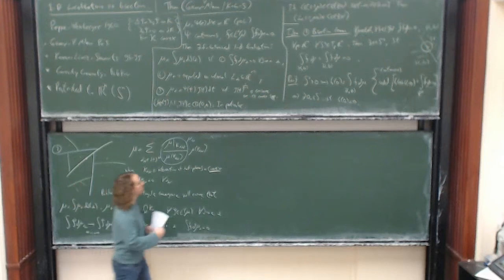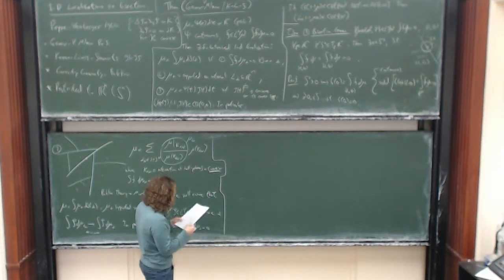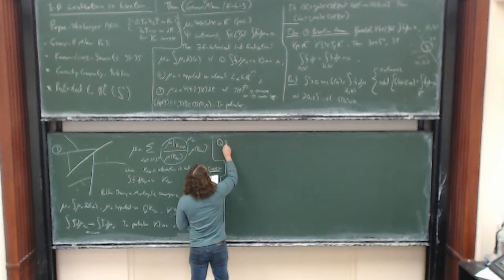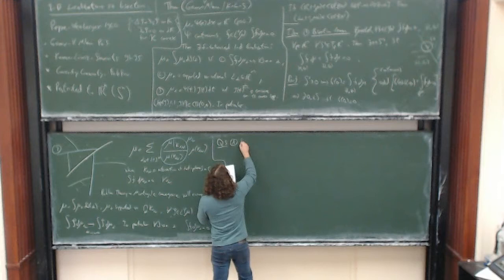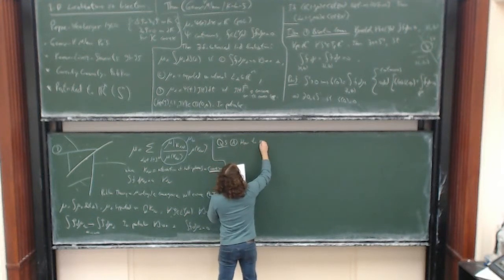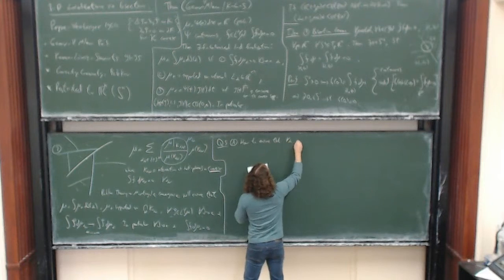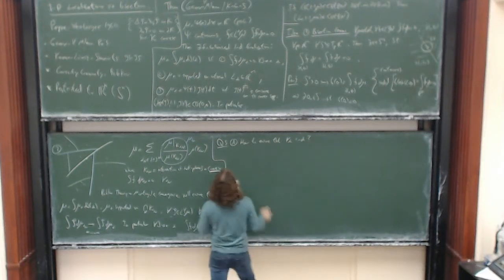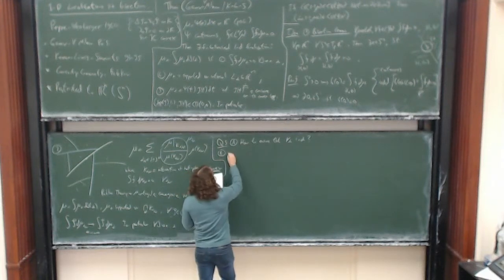But what are the remaining questions? I do want to talk about the following things. There are two questions which I want to address. How can we ensure that K alpha are one-dimensional? I think that's a legitimate question. And second of all, what happens to the density?